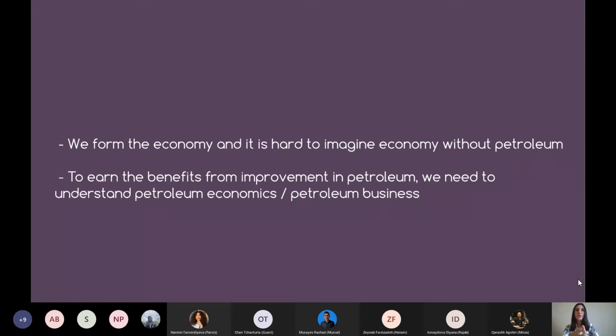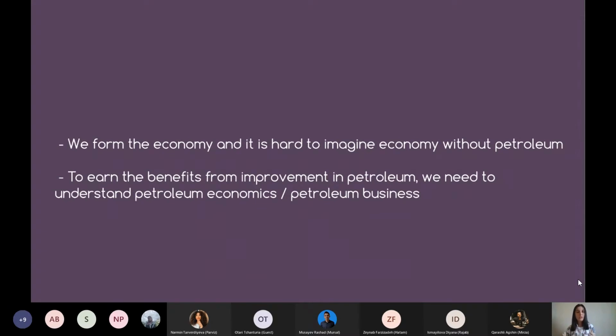In Soviet Union time, Russia and other Soviet countries, we can say that they needed Azerbaijan petroleum. So that's why we can see some battles, wars because of petroleum. And also we can see this kind of political instability in the Middle East. So that's why we can understand petroleum is a power.